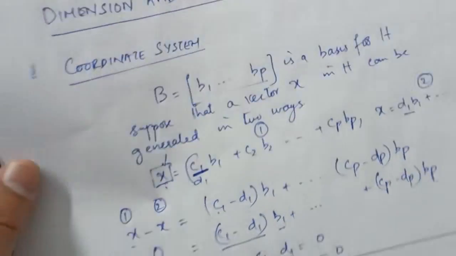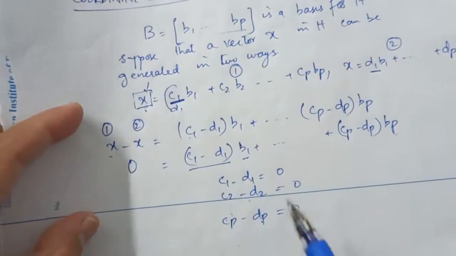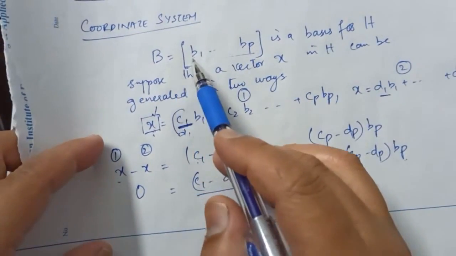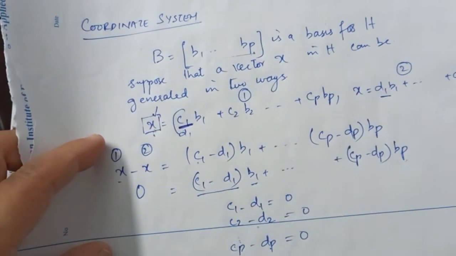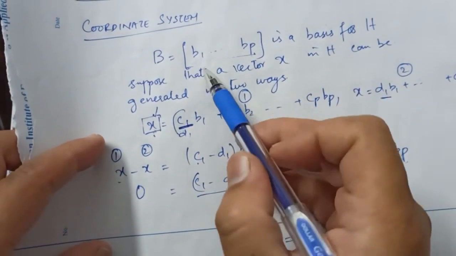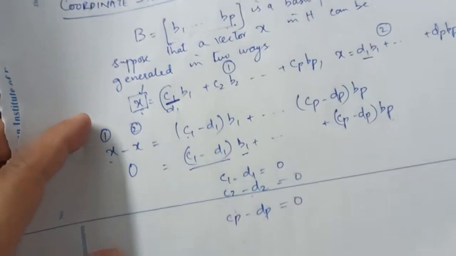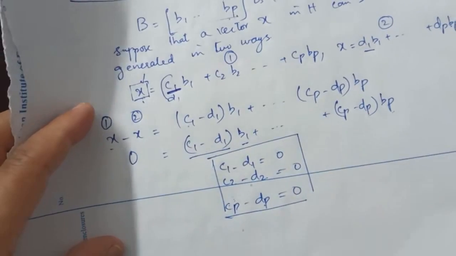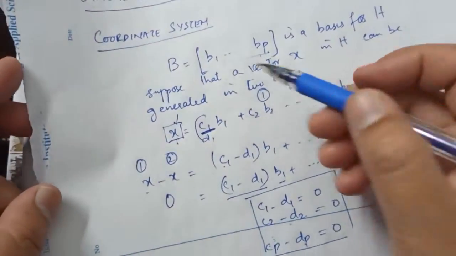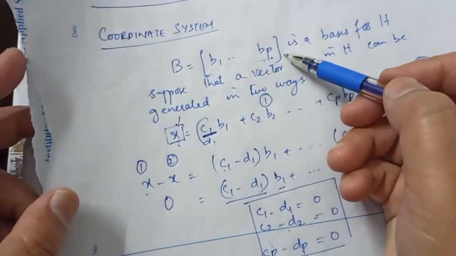We have proved it earlier as well that if we have a basis set of basis vectors b1 to bp, any vector x that is spanned by that basis can only be written in a single unique form. It cannot be written as 2 different linear combinations of the basis vectors.